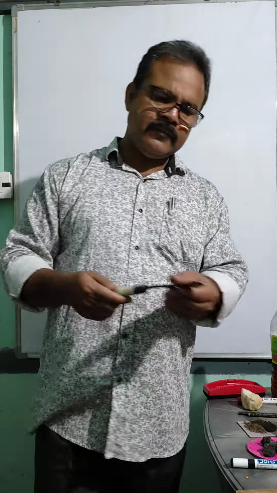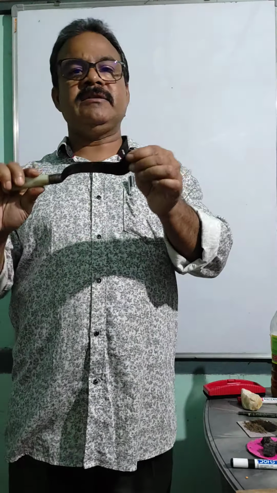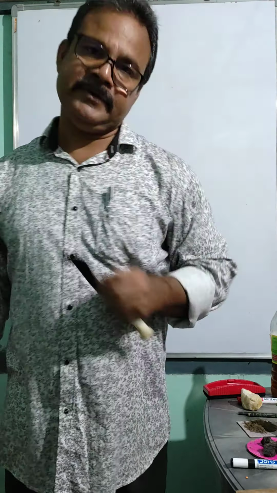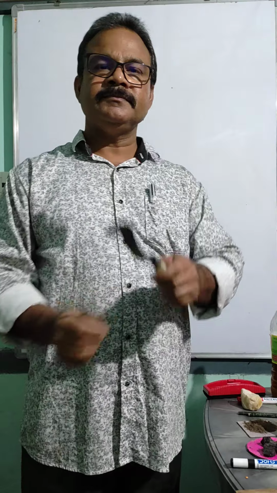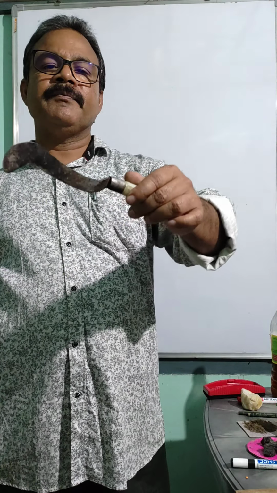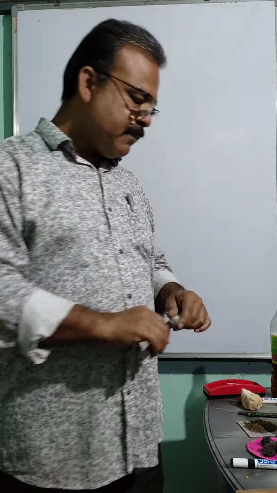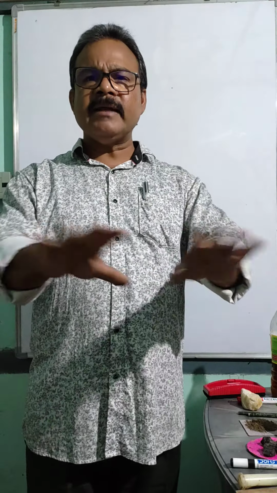Now you see this knife, what is it made of? It is made of iron. And when a piece of iron is beaten with a hammer, it turns into a flat shape. It means that by hammering, metals can be given any shape.